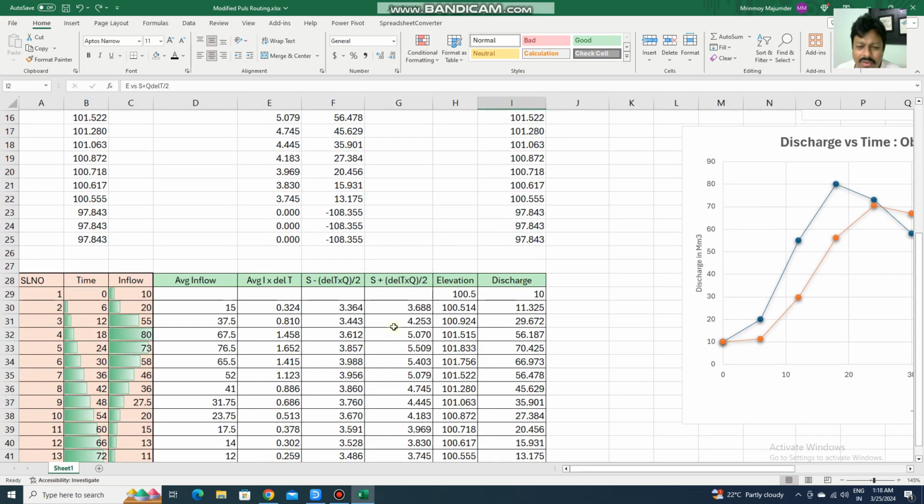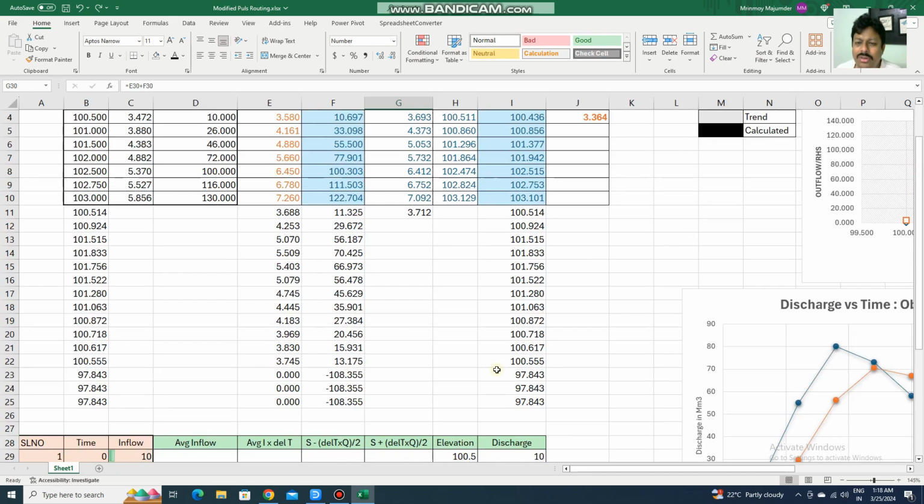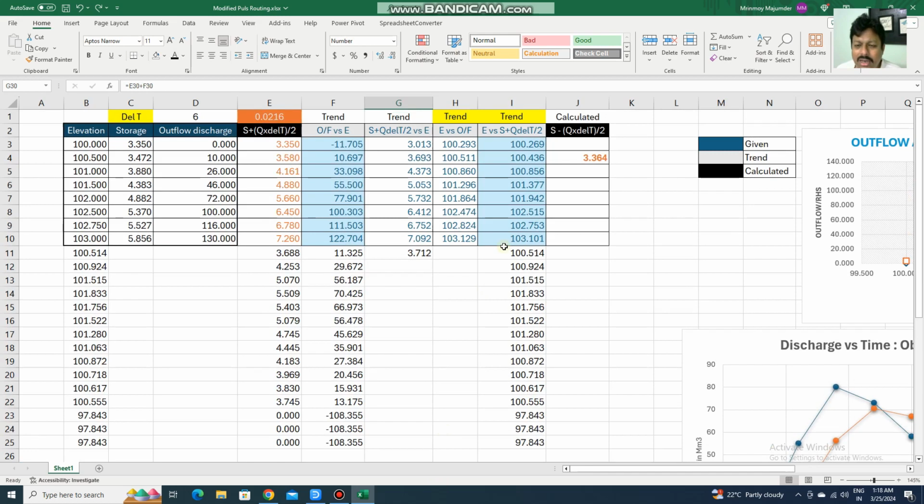So here the RHS term, S plus del t into Q by 2, is 3.688. So you put that 3.688 into this one, S plus Q del t, and once I put it, it calculates the elevation 100.514.